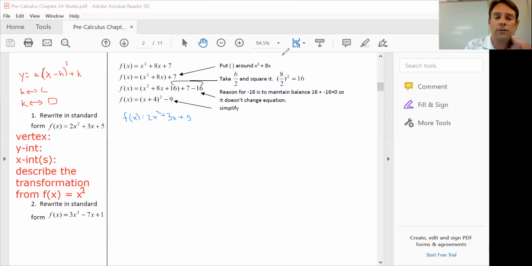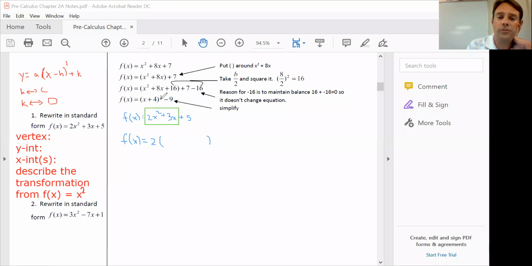We factor it out of our first two terms, just the a value, not the last term, because we're completing the square. We know that 2 is our a value, so that value can't go away. It's still going to have to be there.